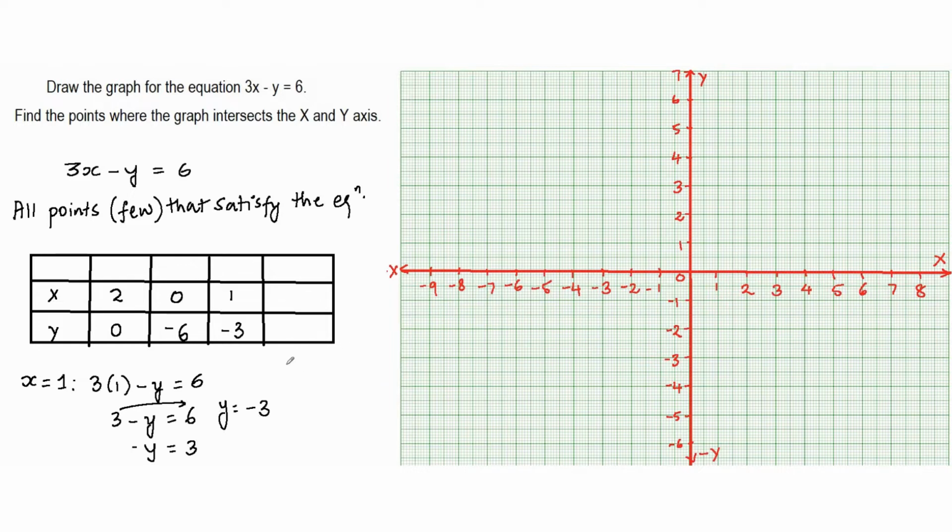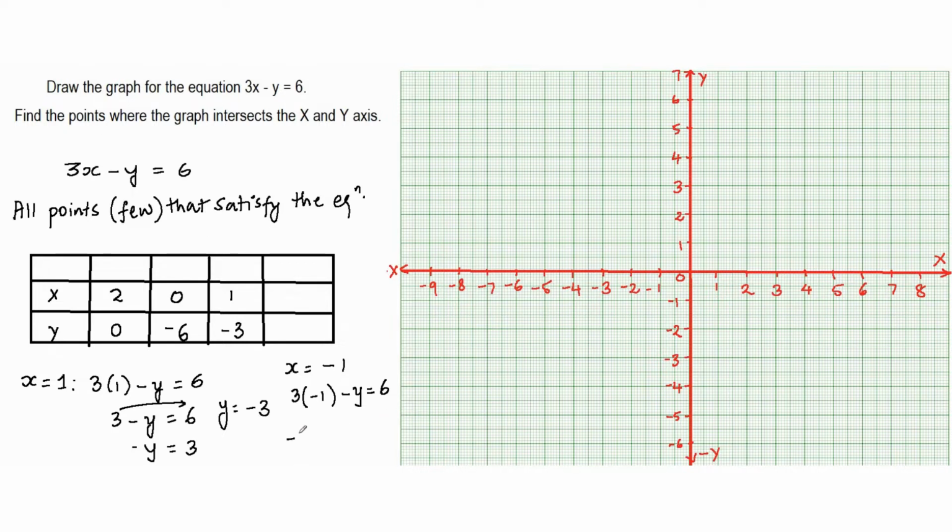Similarly, let us take x equal to minus 1, and see what happens to y. I know that 3 times minus 1 minus y should be equal to 6, because I am trying to find all the points that satisfy this equation, and the points that satisfy it are the ones which make this equation hold true.